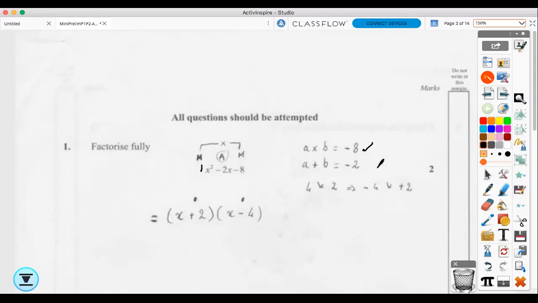And when I add the two numbers, I get negative 2. So straight away, I know to get 8, I need 4 times 2. But to get negative 2, I need the biggest of the two numbers to be negative in order to get negative 2 here. So that's pushed me to negative 4 and plus 2.